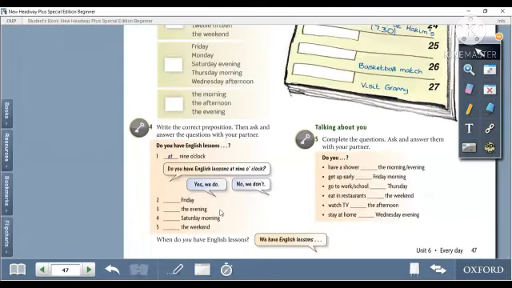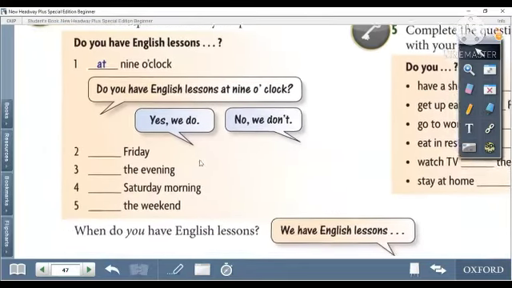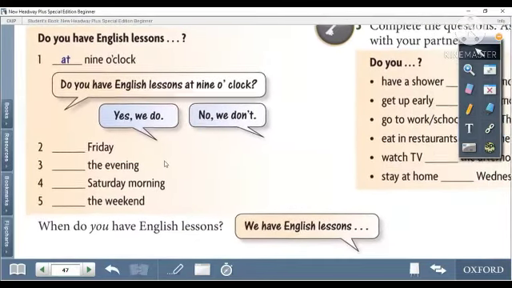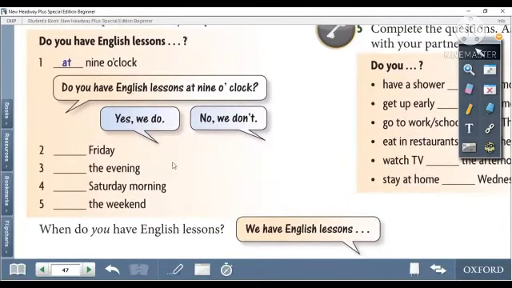Let's do exercise number 4 to make sure we understood the prepositions of time. Friday, what will I choose? On, in, at, which one? Friday, Sunday, Saturday. We choose on. Excellent.